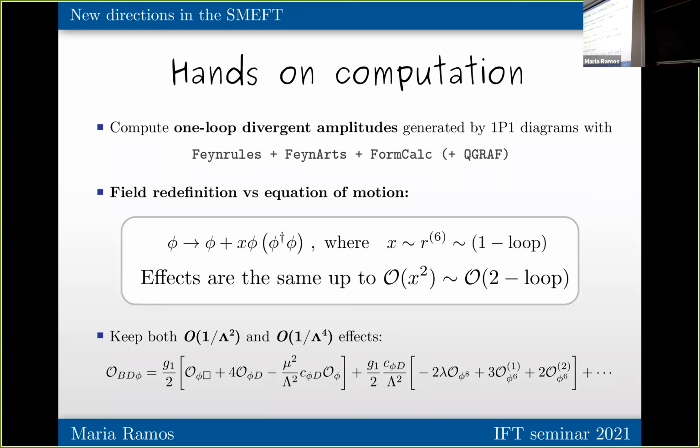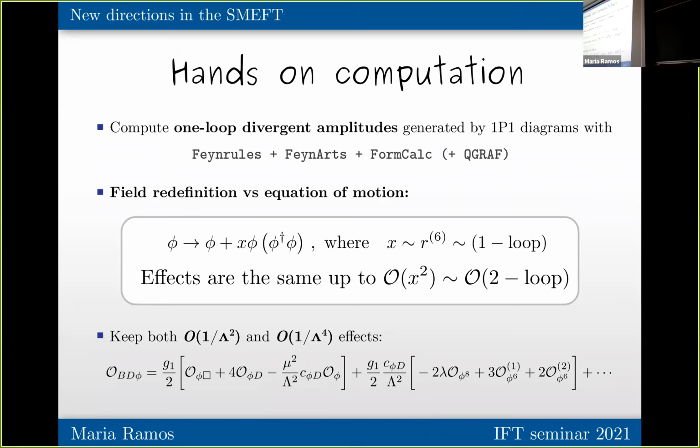So this counterterm is already at one-loop level. In general, you cannot use the equation of motion to get the quadratic order in the perturbation that we need, because we want to keep effects of order 1 over lambda to the 4. Here we can actually just use the equation of motion because we are not interested in these corrections, because they are formally two-loop. That is the only comment I wanted to make here.